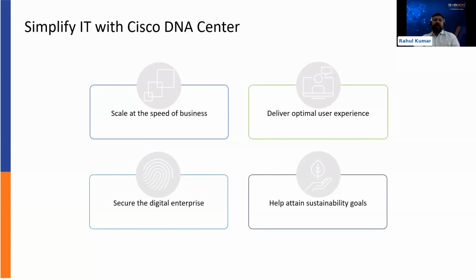With Cisco DNA Center, you can scale the network at the speed of your business, right? With intelligent automation and AI analytics, you can assure an optimal end user experience by providing deep insight into the performance of the applications you're running in house in your data center, your end user applications, and network experience.